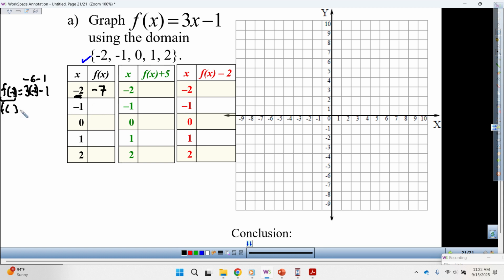So F blank equals 3 blank minus 1. So now I'm going to write in the -1. Once again, the left side stays the same. The right side, I work it out. What is 3 times -1? -3. What is -3 minus 1? -4.